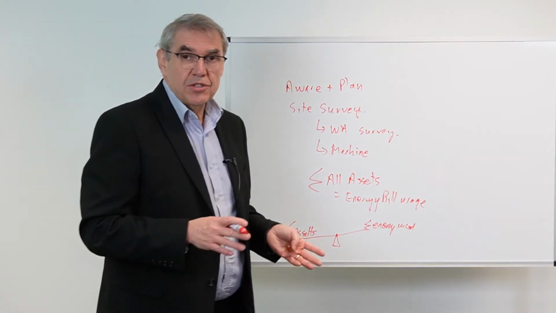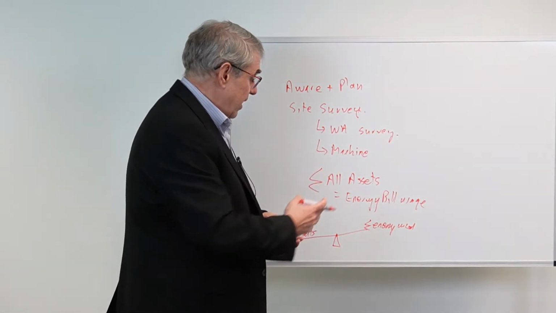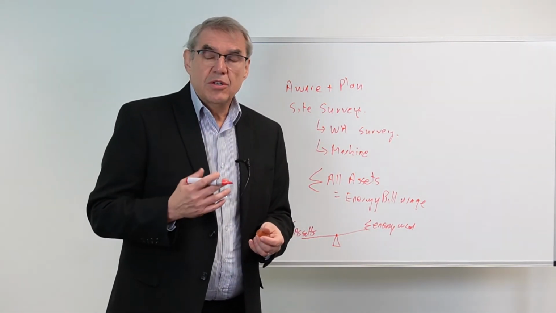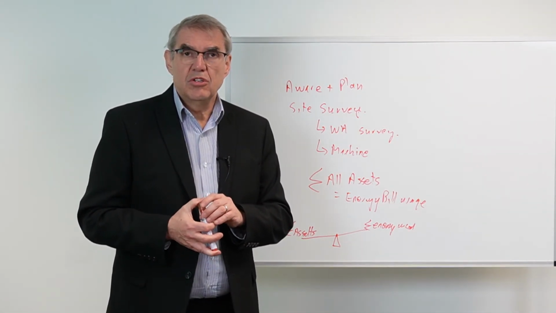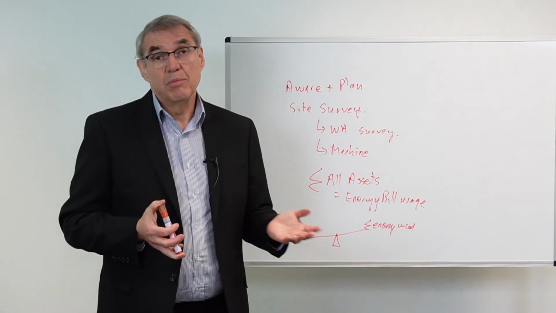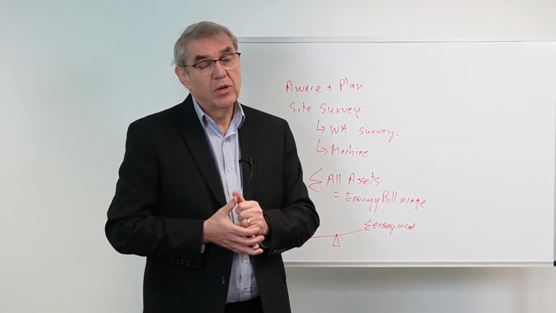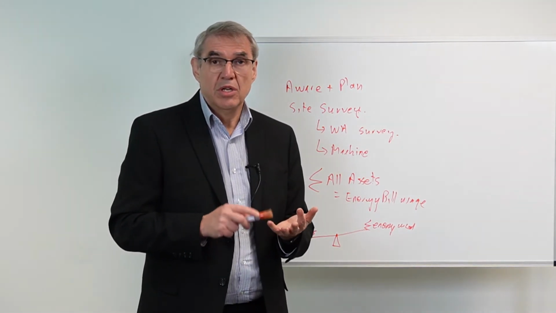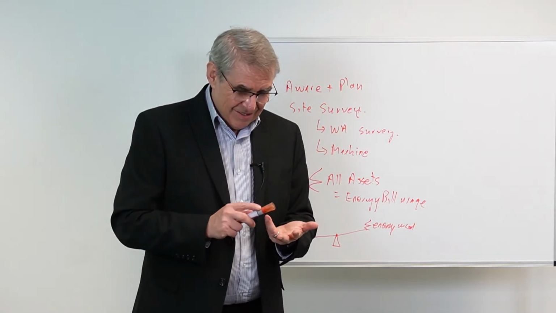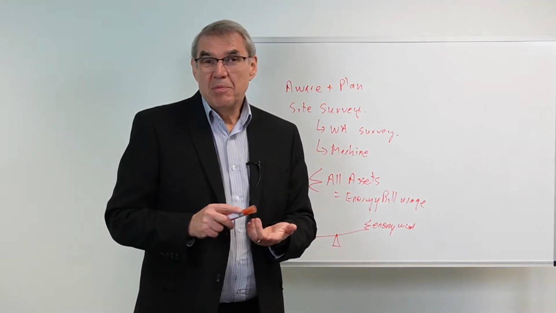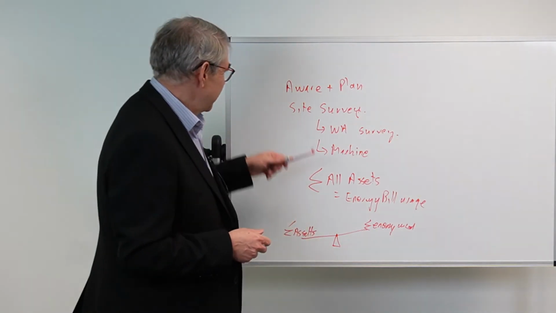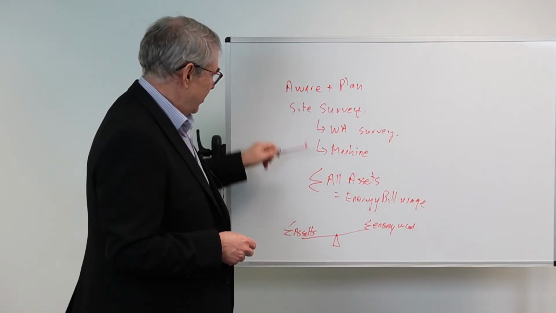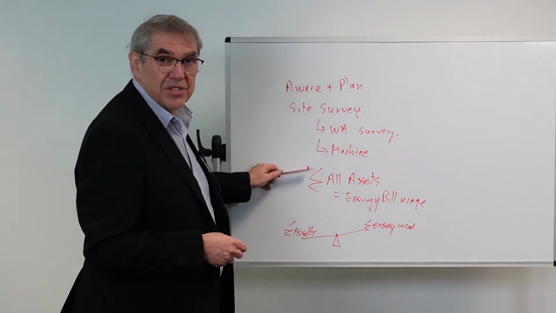If you're in ESOS, so what is an audit? It's that. If you're in ESOS, you have to go a stage further and actually recommend where the energy consuming equipment should be improved. So specifically, you'd be looking at typically old air conditioning systems, old boilers, old anything really, worn motors where the bearings might have gone, etc. So 2 parts: plan, and the survey that you do on site.